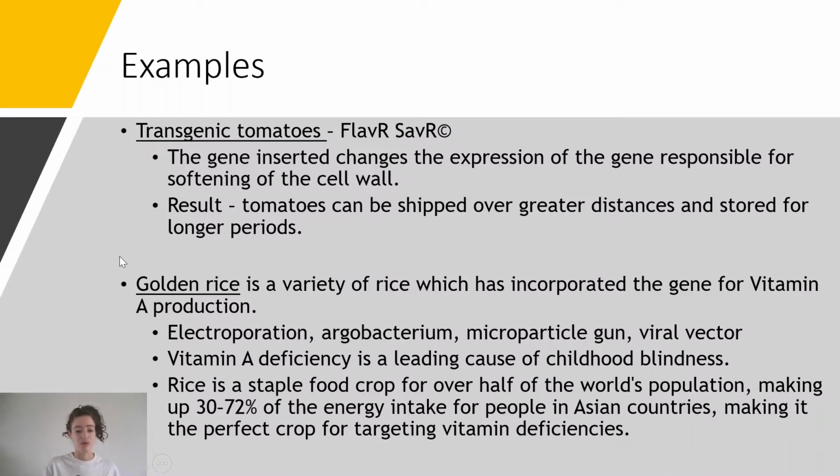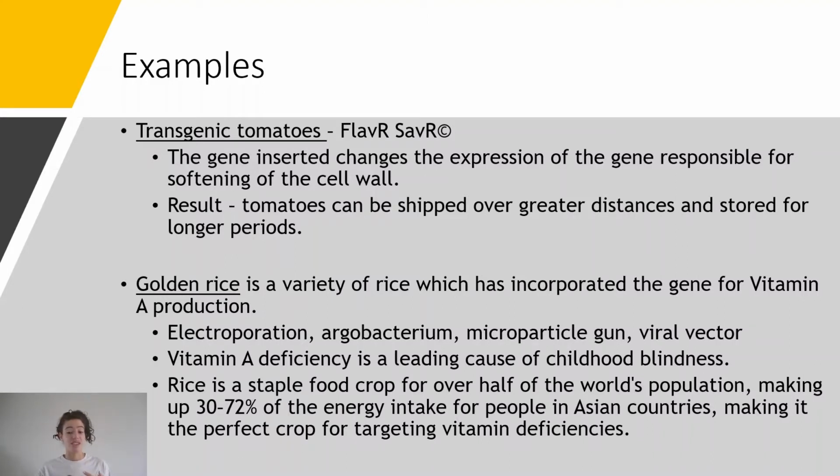Another example is golden rice. This is a variety of rice which has incorporated the gene for vitamin A production. So electroporation and agrobacterium, microparticle gun and viral vector are all used to create golden rice.